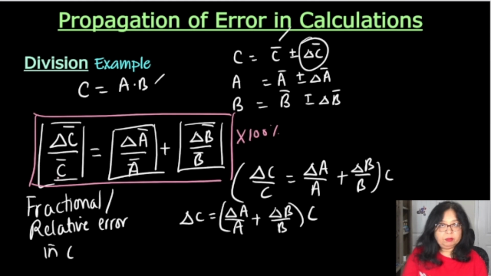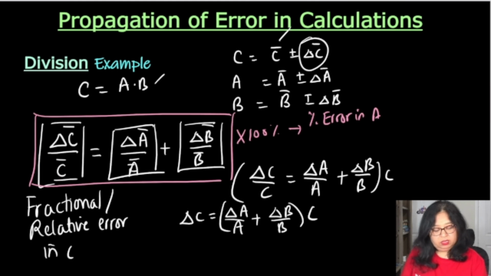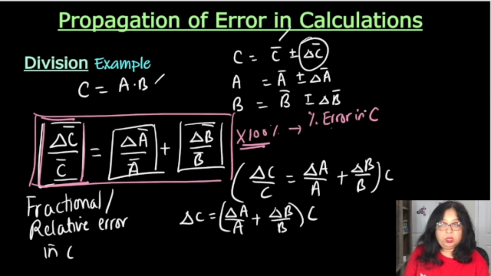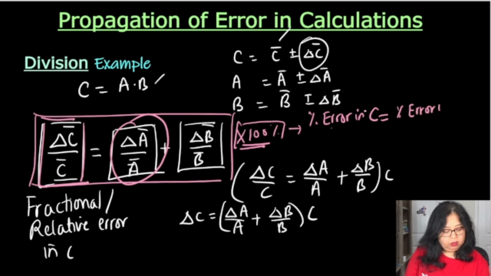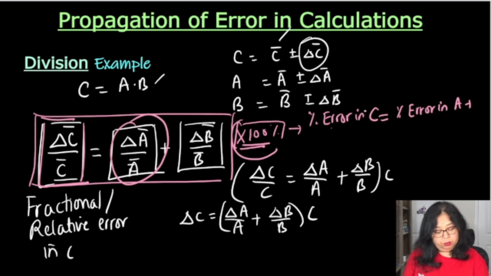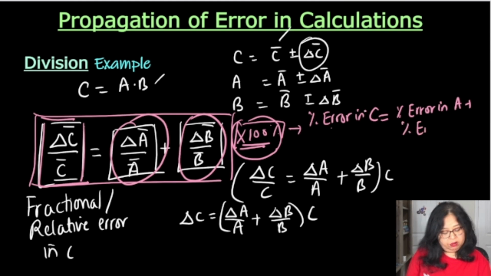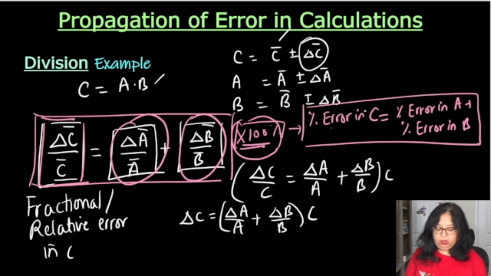The fractional, or relative, error times 100% gives us the percent error in C. That is, delta C over C bar multiplied by 100% gives you the percent error in C. Now this 100% when it multiplies delta A bar over A bar gives you the percent error in A, plus 100% multiplying delta B bar over B bar gives the percent error in B. Here you go.